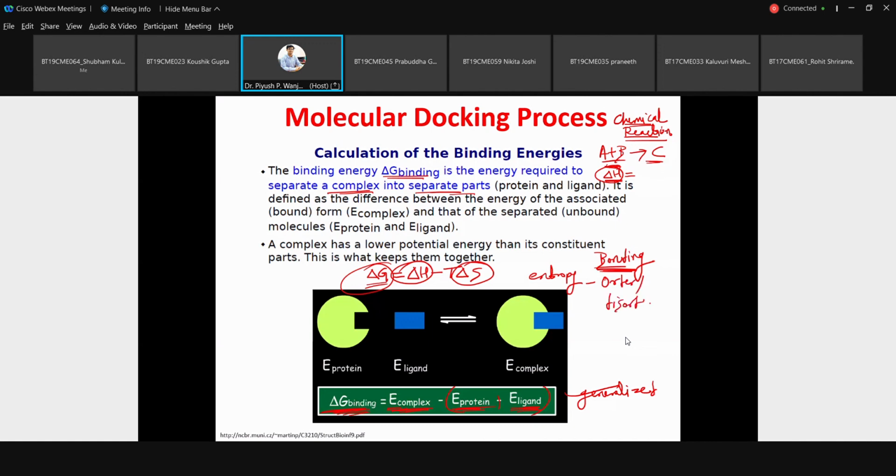So there will be some changes happening when both of the things are binding to each other. So how do we take into consideration all these effects when the binding is happening, how the structures are getting ordered or disordered? That also we need to consider, so that we can convert this generalized formula into a more accurate formula that our software can calculate.